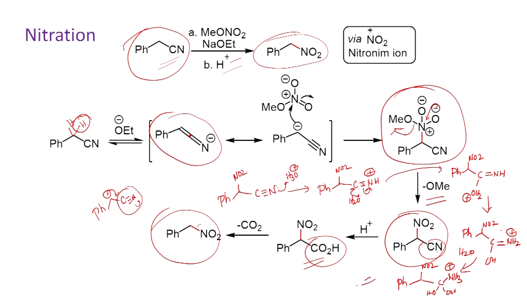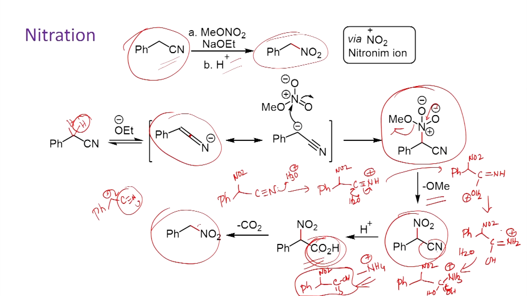Once you form this salt, it can be converted into carboxylic acid. Therefore, nitrile in acidic medium can be readily converted into the carboxylic acid.